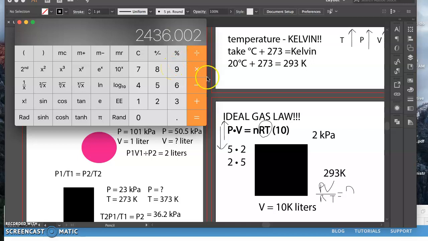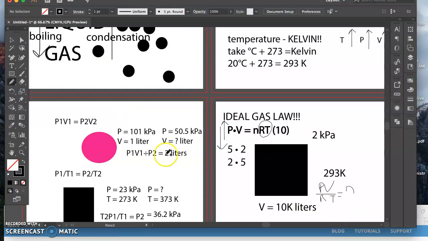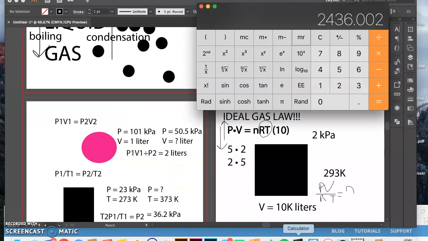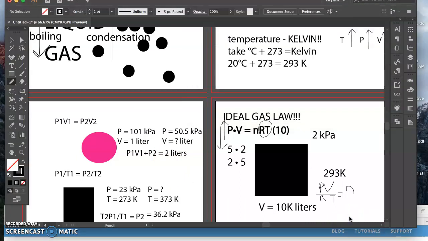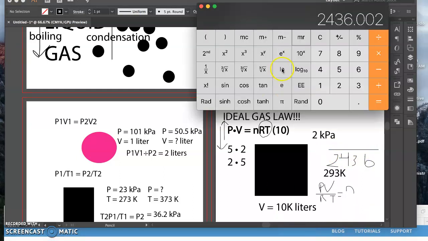Okay. Now remember, this is on the bottom. So our equation, move this off to the side. Let's get back here. What's that number again? 2436. So we're back over here. So we have 2436 on the bottom, and then on the top, we have 20,000.